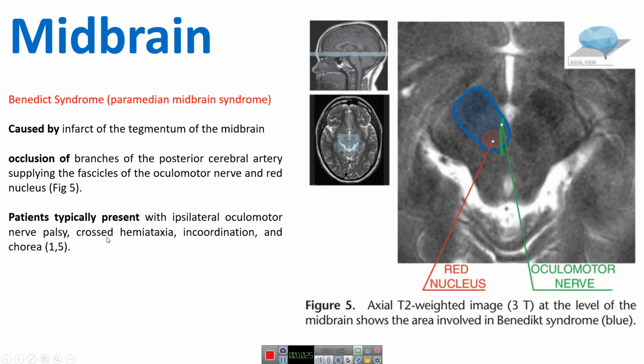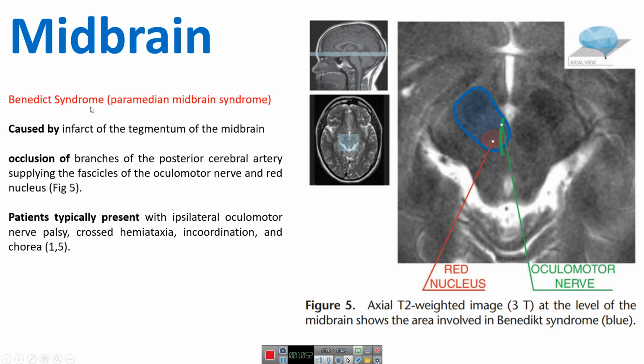This is called crossed hemiataxia, incoordination and chorea. This crossed hemiataxia is due to affection of the red nucleus. Okay, so the name crossed means the opposite side of the cranial nerve affection, because it is a lower motor cranial nerve affection and the crossed happens to the opposite side.